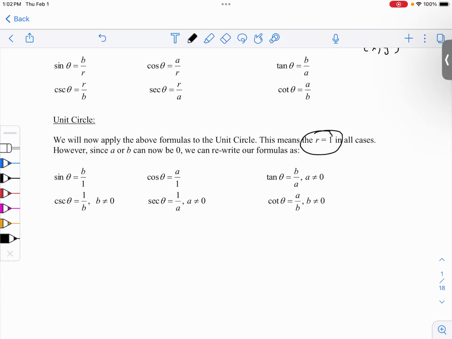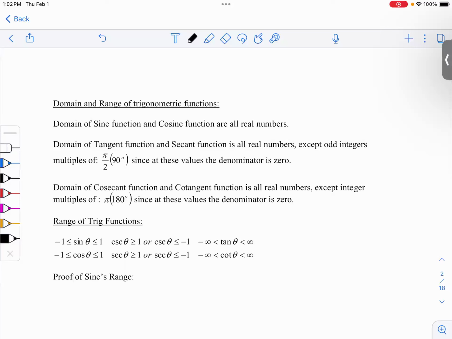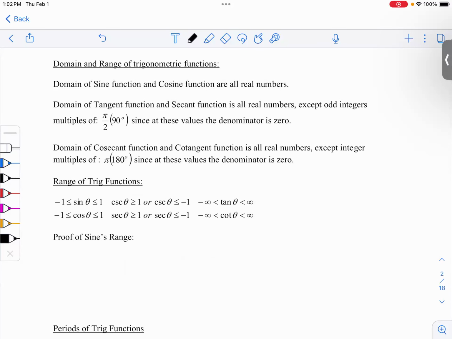Because when dealing with the unit circle, the point on the edge of the unit circle for pi over 3, we can find exactly what that coordinate is for sine and cosine, and then all other corresponding trigonometric functions. This then gives us a particular domain and range for our trigonometric functions.